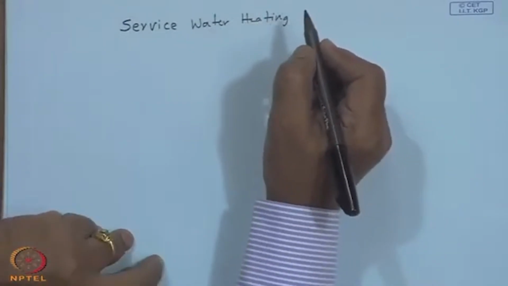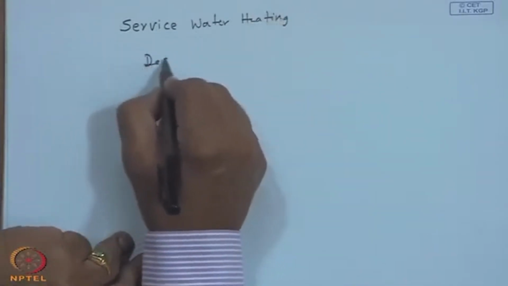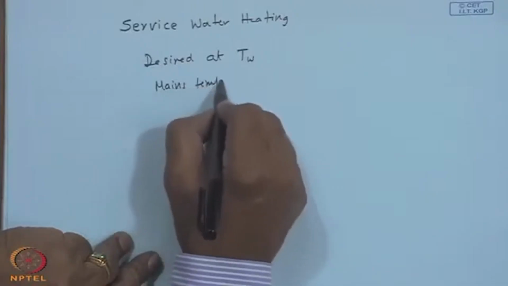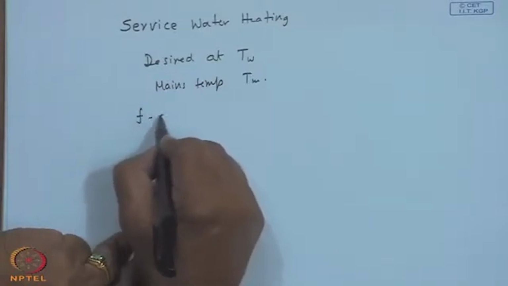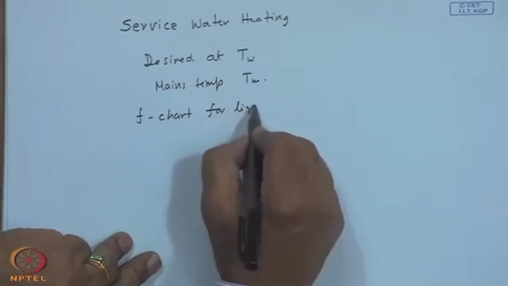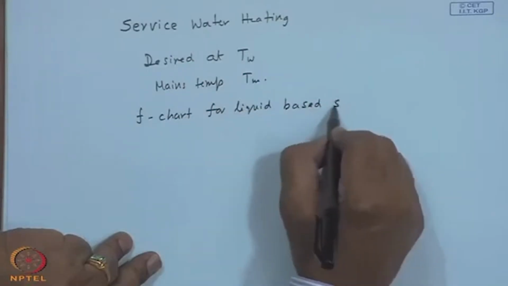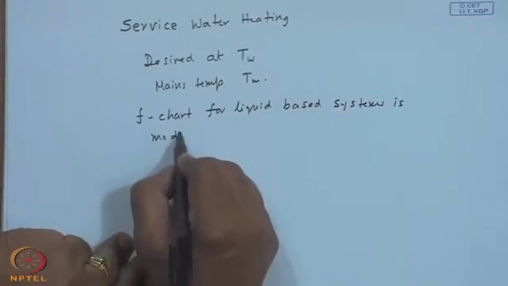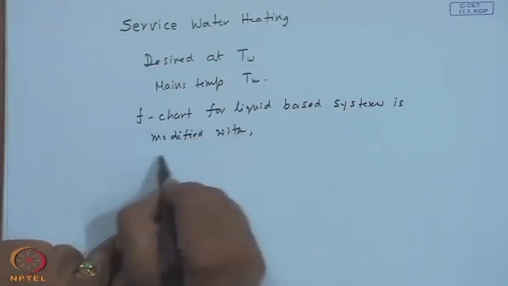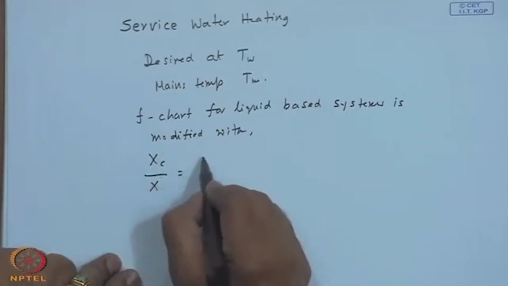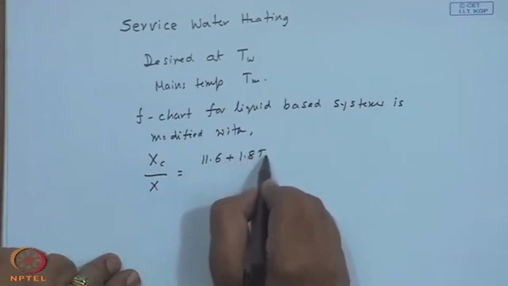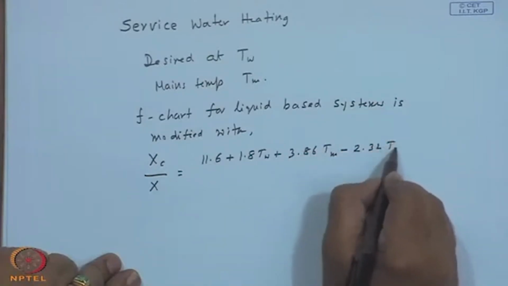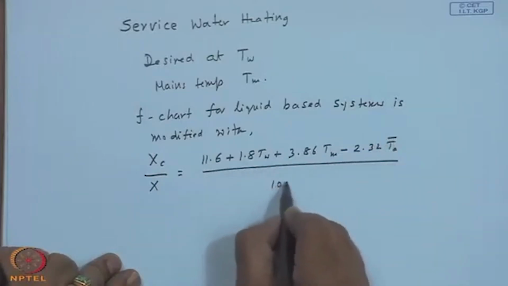Without saying that minimum temperature is so much, if you want the desired temperature at T W, and mains temperature is T M, then simply the F chart for liquid based systems is modified, with x c being given in terms of the x as 11.6 plus 1.8 times T W plus 3.86 T mains minus 2.32 monthly average ambient temperature T A bar, upon 100 minus T A bar.